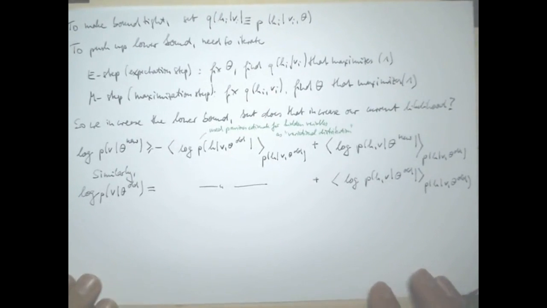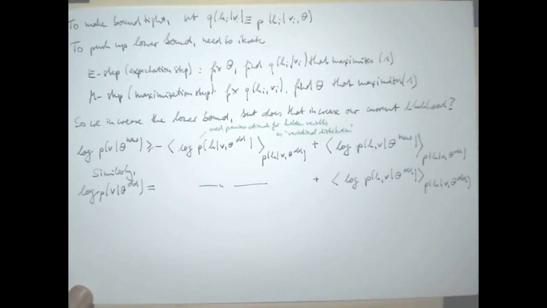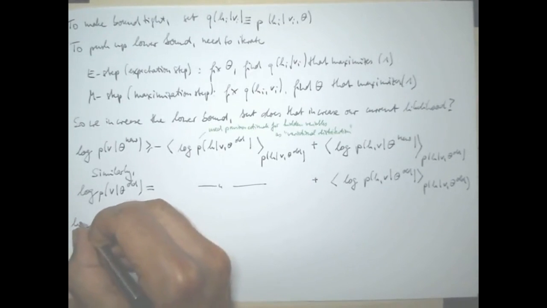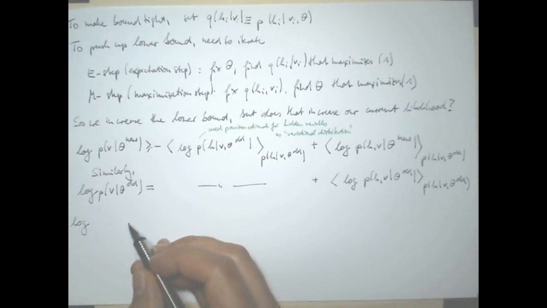And I can now subtract the two equations from each other. So the first one minus the second one. This is the new and the old marginal likelihood.